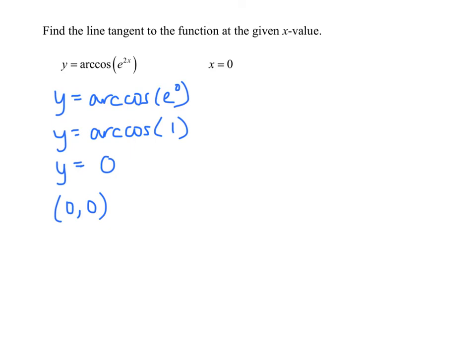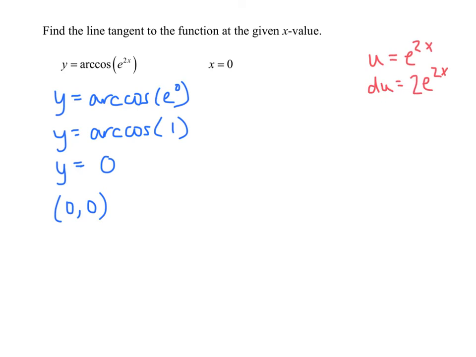So if I look at this, I need the derivative of arc cos e to the 2x, which of course is negative du over the square root of 1 minus u squared. So I need to know my u, which in this case, of course, is e to the 2x, and I need to know my du. So the derivative of an exponential function is the exponential function times the derivative of the exponent, which would be 2.